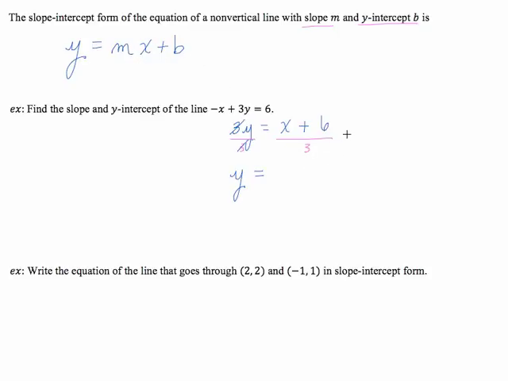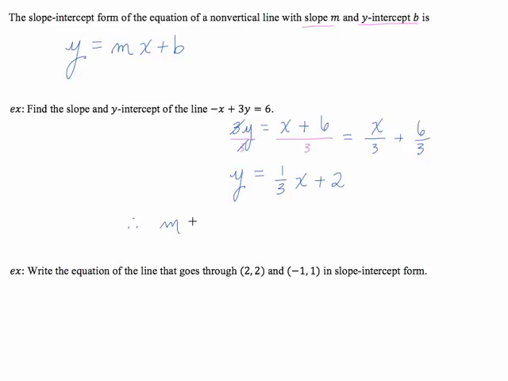So to put it in that form, we need to split this into two fractions: x over 3 plus 6 over 3. To really put it in this form, I need to write the coefficient of the x out front of the x. Well, x over 3 can be written as 1/3 x, and 6 over 3 can be written as 2.